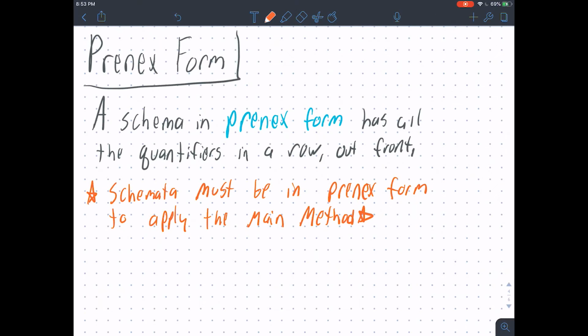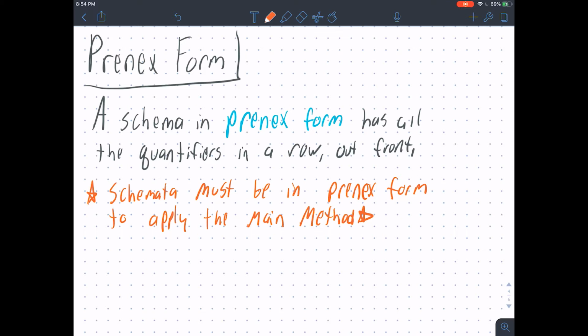So the other form is prenex form, and a schema in prenex form has all the quantifiers in a row out front. You'll see what I mean with the examples. So this is an important thing to know going forward. I will remind you in Chapter 15, but in Chapter 15 we learned the main method, which is our kind of universal validity test. It'll work for everything, sort of.